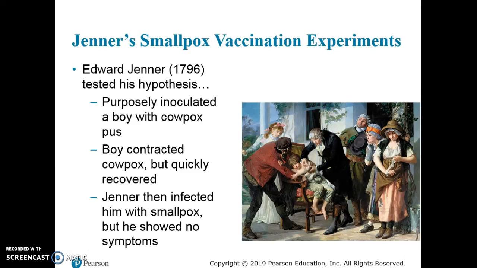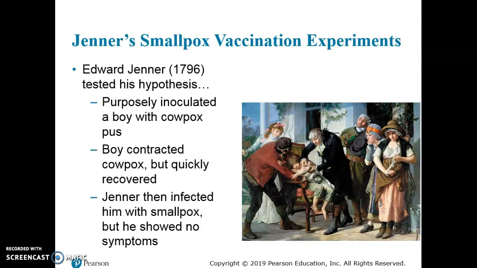So finding a cow that had active infection and intentionally taking some of that pus, which you should know contains viral particles as well as a lot of dead neutrophils, and just put that on the surface of his skin.